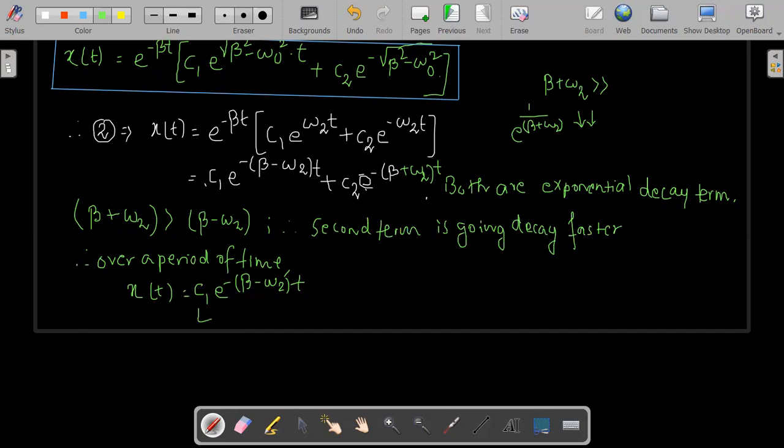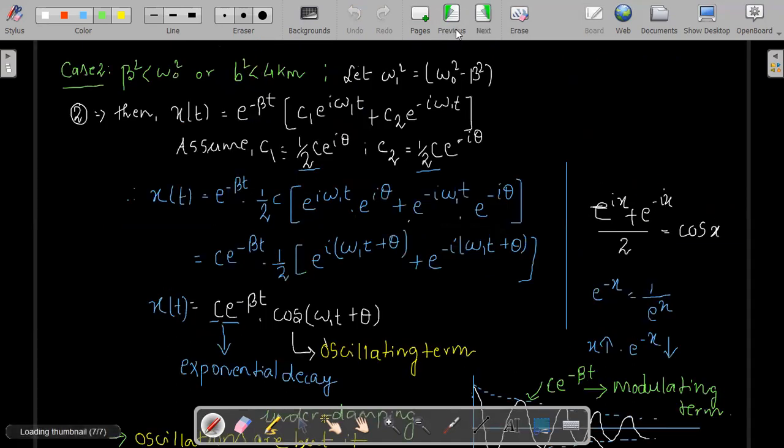Now, if you look into this expression, we can definitely say that there is no cos term or sine term. That means there are no oscillations here, right? And of course, it's a case of over damping. So we call it over damping. Now, it's very important, this is a case where you have an exponential decay.